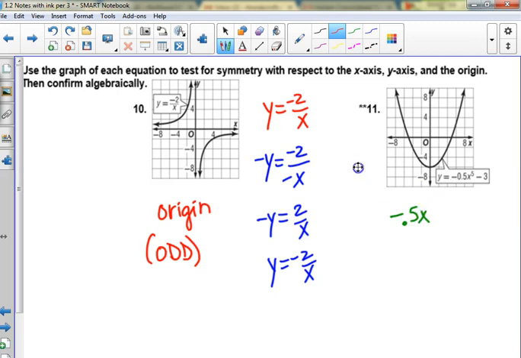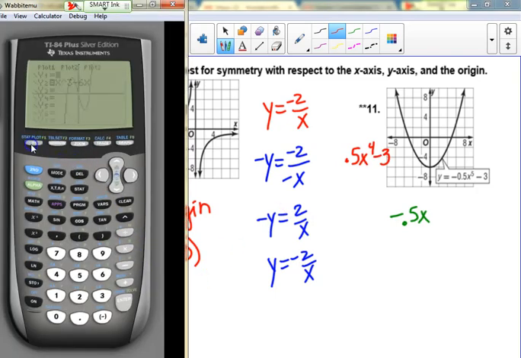If it had been positive 0.5x to the fourth minus 3, would that have looked like their graph maybe? Positive 0.5x to the fourth. Oh, there's this like minus 6.